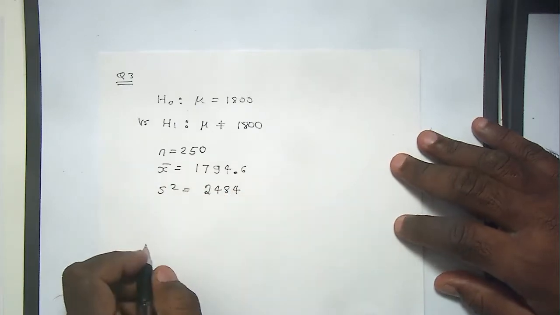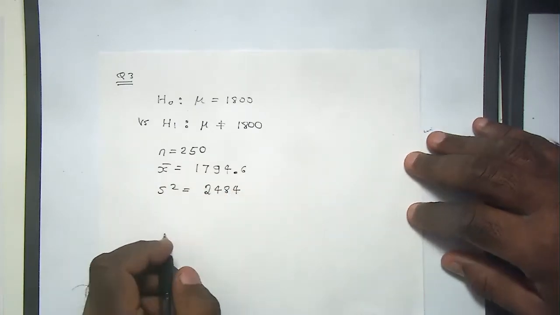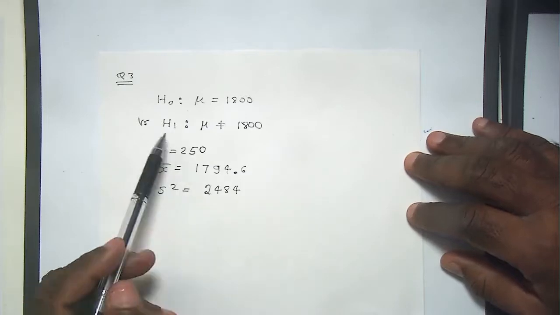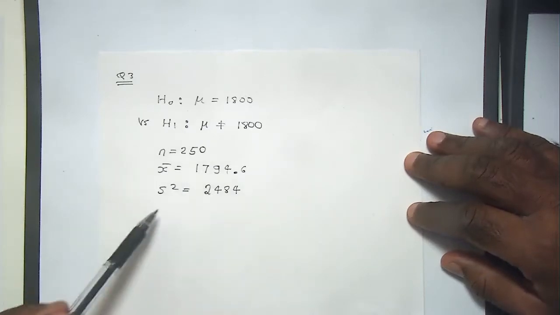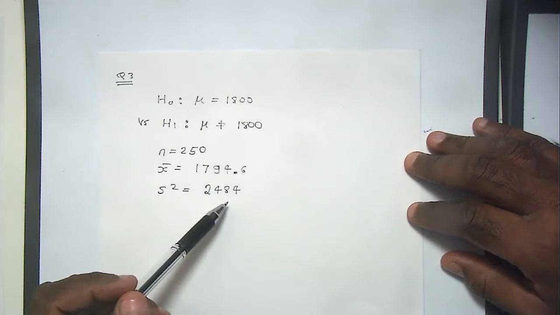All right. Could you listen, guys? This is question number 3. You're testing this versus this. The sample size is 250. The sample mean is this, and the sample variance is this.